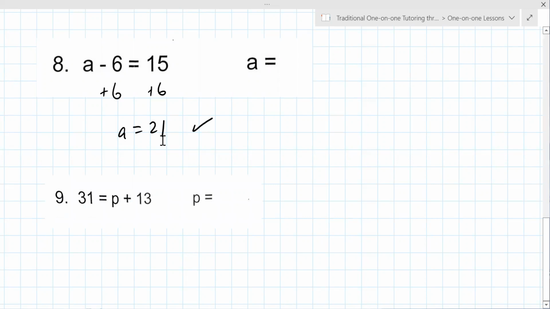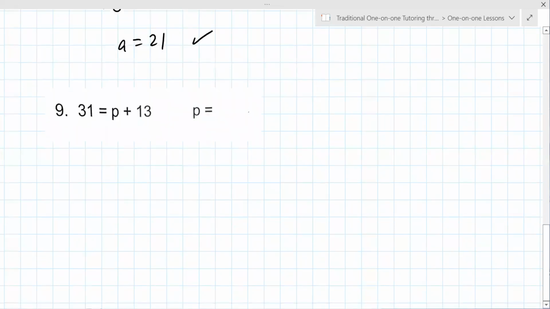That's fun. You subtract 13 from one side, and it's 31, and this is a 13. It's fun.